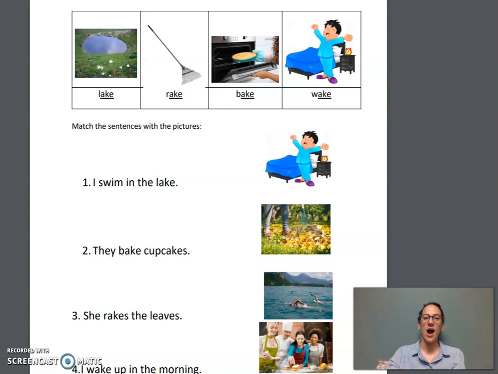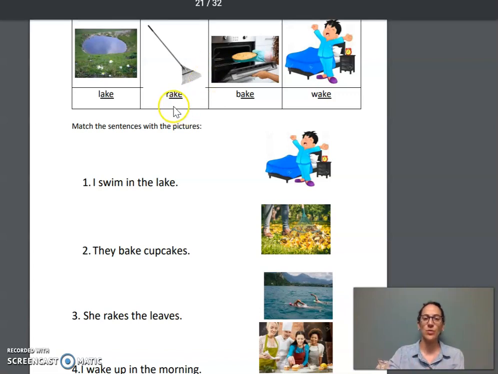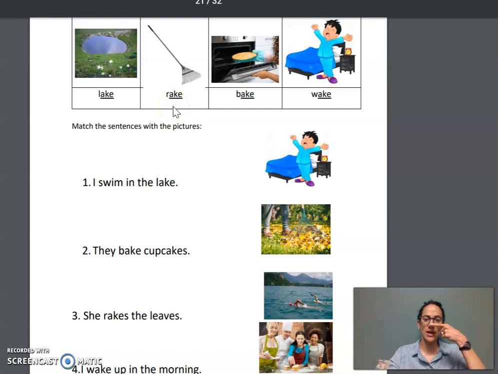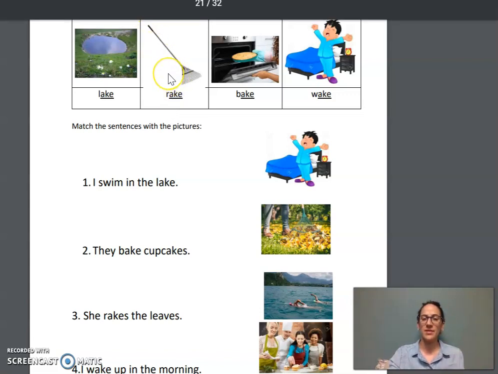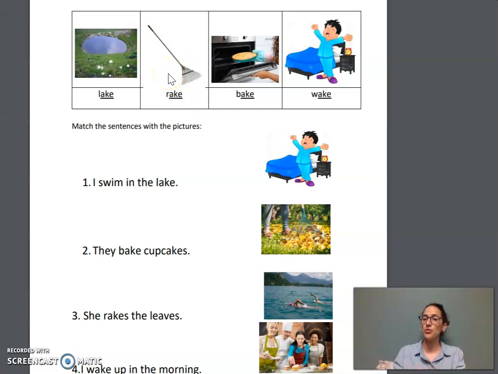Good. Our next word is rake. It starts with the letter R, which makes the R sound. R, ache, rake. Look at the picture. This is something we can use to move leaves. Repeat after me. Rake.